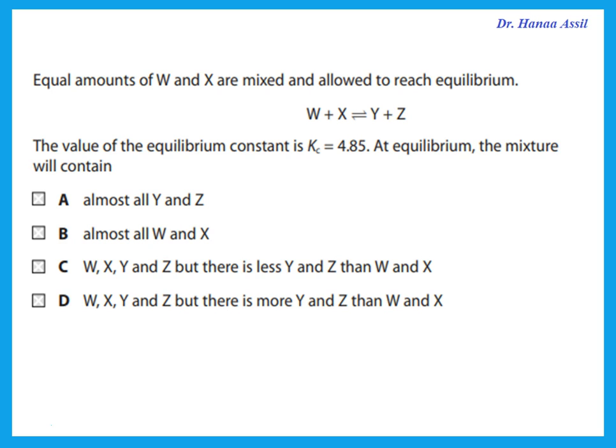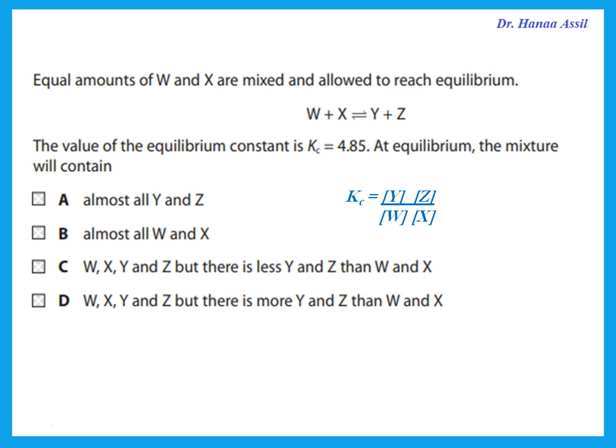Equal amounts of W and X are mixed and allowed to reach equilibrium. The value of the equilibrium constant is 4.85. So at equilibrium, the mixture will contain what? You know that the Kc is concentration of Y times concentration of Z over concentration of W times concentration of X, concentration of products over reactants.